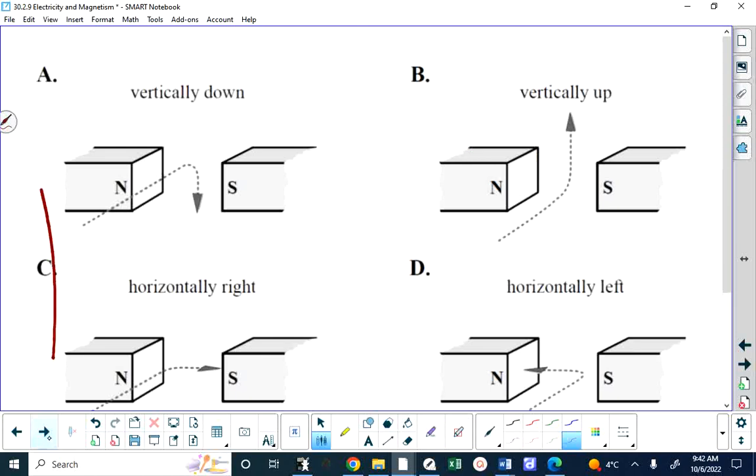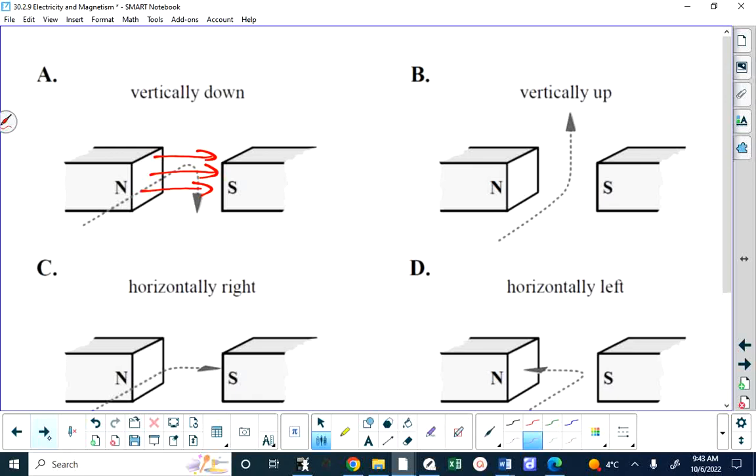Seven, what do we have? A proton? Okay. So that's a positive particle. It's moving in between these poles. And the magnets are the same in all 4 choices. The magnetic field is this way. So the question is, if you have a positive particle moving into the page through that magnetic field, which way is it forced?